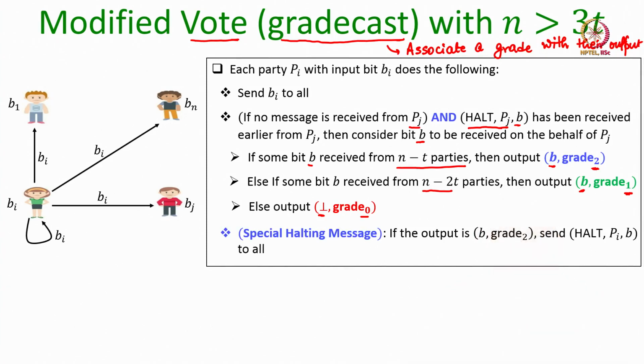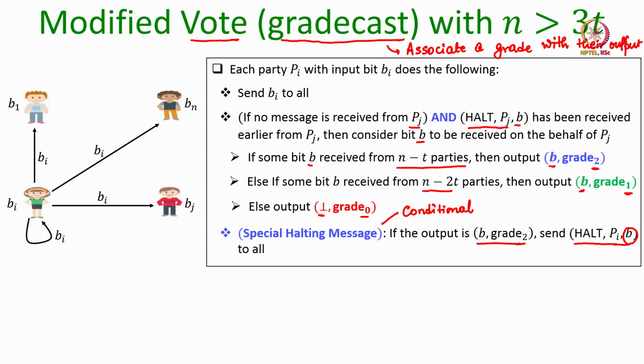Apart from this, there is a special halting message which is conditional, and this message is sent by pi only when it is outputting a bit b with the highest grade. If it is outputting a bit b with the highest grade, then it sends a conditional message, an instruction that, okay, I am halting, my identity is pi with the bit b, and as a result of this, for all the future instances of the Gradecast or the modified vote protocol in the BA protocol, you can imagine that I am sending the bit b.